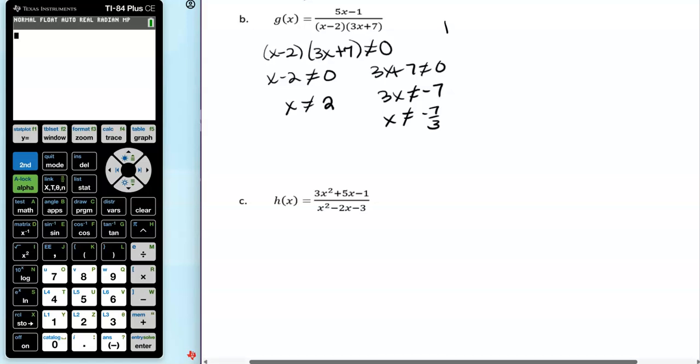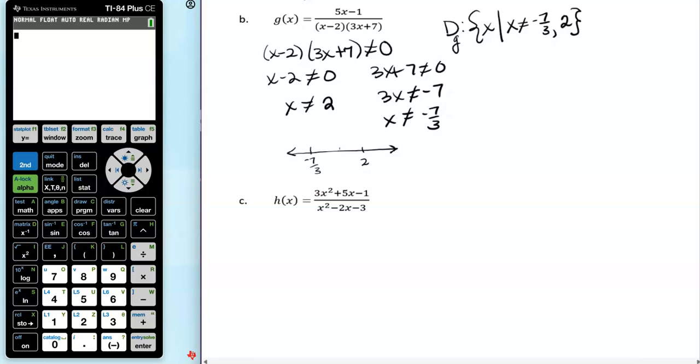So if we wrote it in set notation, we would say the domain of G is all of the x values such that x does not equal negative 7/3 and x does not equal 2. If we put that on a number line, negative 7/3 and 2 with a 0 somewhere in between them, we would say x cannot equal these values, but it can equal all the other values on that number line.